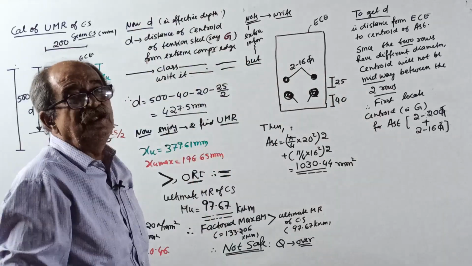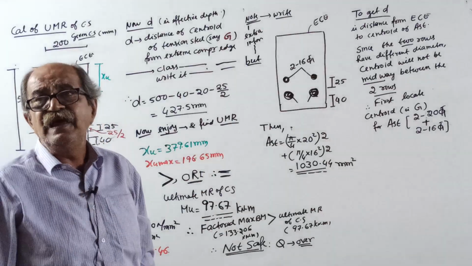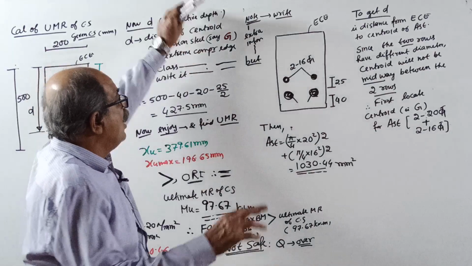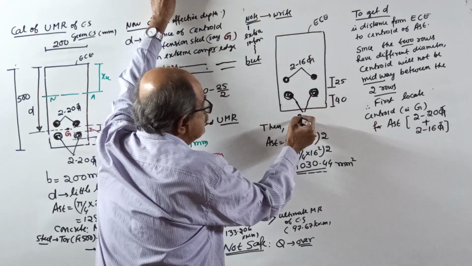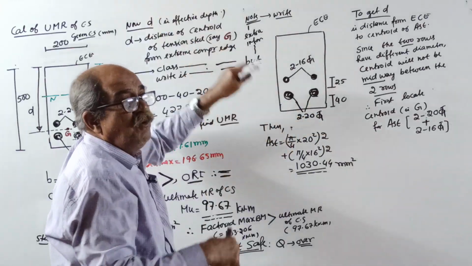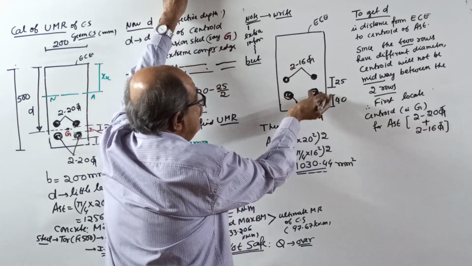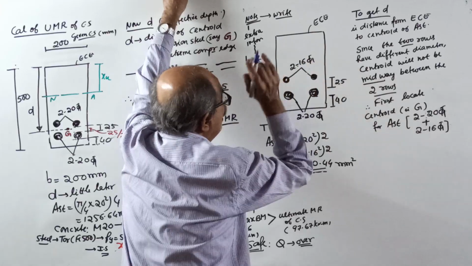Suppose in the question, you should write it, it is given that there are 4 bars in 2 rows, but a change of diameter. Bottommost row, suppose they give 2 bars of 20 torr, in the first row, bottommost row, at a clear cover of 40, and next second row, not 20, 2 bars of 16 torr.